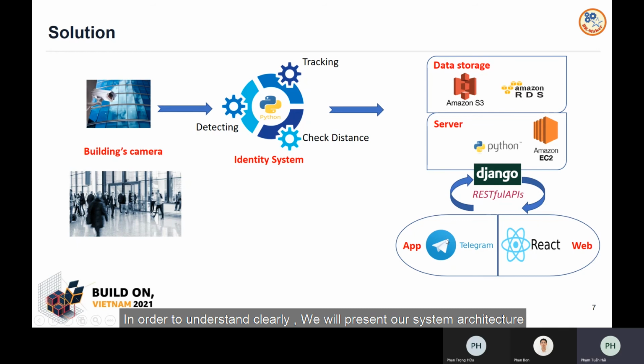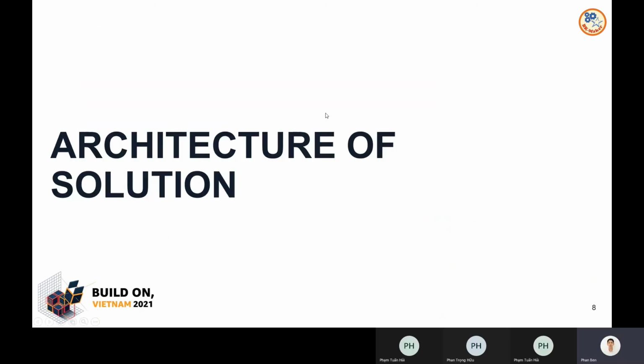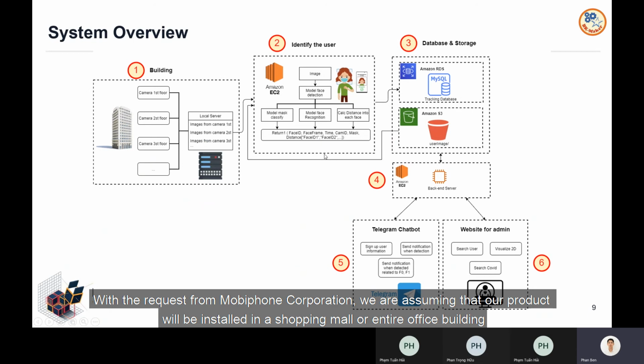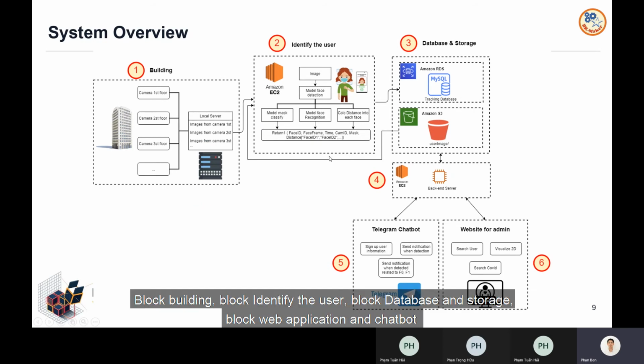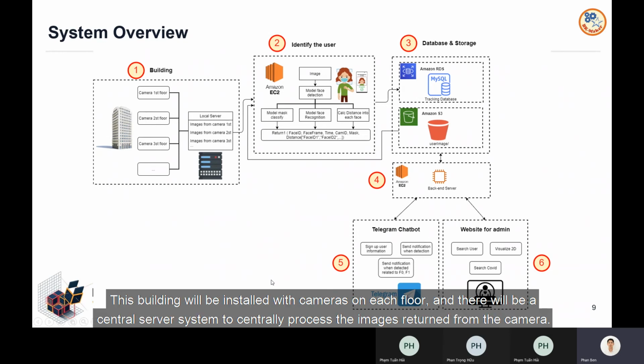In order to understand clearly, we present our system architecture. With a request from a mobile phone corporation, we assume that our product will be installed in a shopping mall or office building. Our system has four blocks: the identify user block, the database and storage block, the web application, and the chatbot. The building is installed with a camera on each floor, and there will be a central server system to centrally process images returned from the cameras.